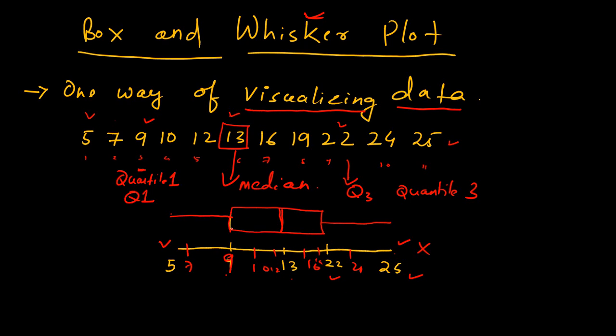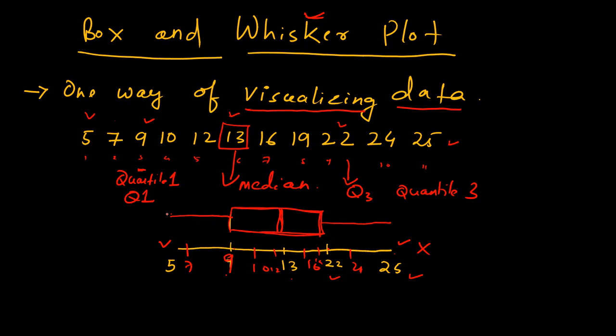So we create a box between 9 to 22, and we'll mark the middle, which is the median, like this, and then we create a box like this. So the box contains numbers between 9 to 22, and then we create the whiskers.